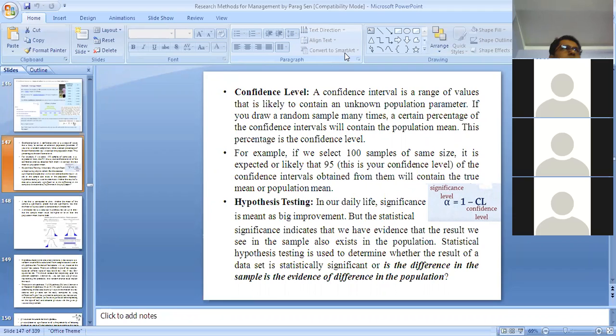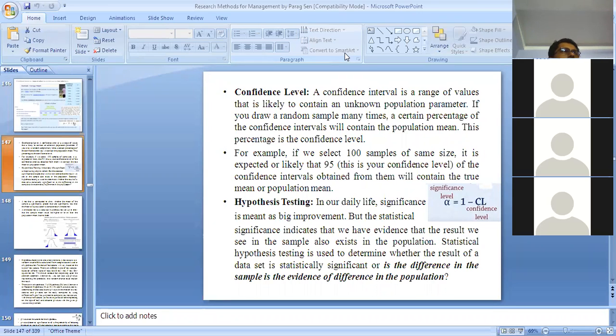That is not possible. If you can take all the data, then it is known as the population. Suppose you can take the data of all the research scholars of VIT, so that will be known as the population of VITian research scholars.